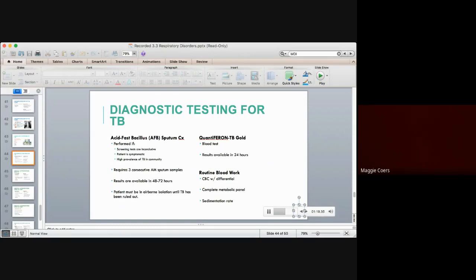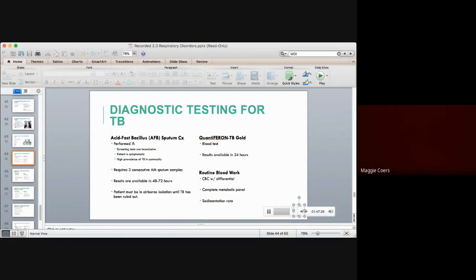The TB Gold, okay, the QuantiFERON TB Gold test is a blood test, and it replaces the acid-fast bacillus sputum test. So we can do one or the other of these. So either sputum or a QuantiFERON TB Gold. So the blood test is the serological evidence of the tuberculosis mycobacteria.